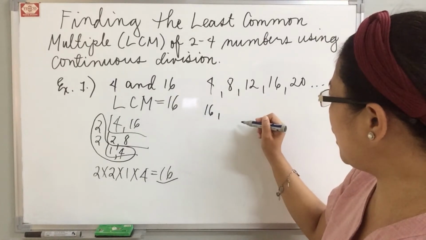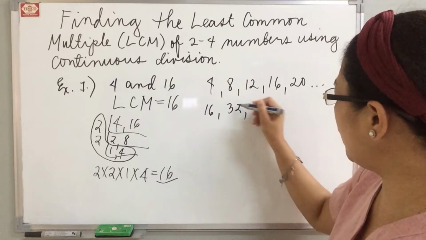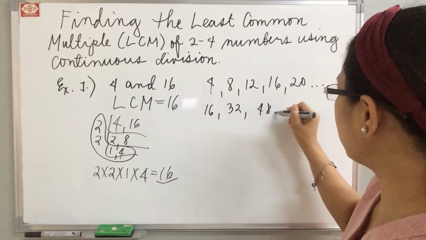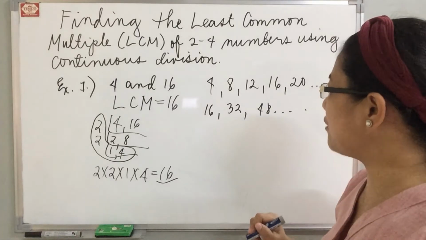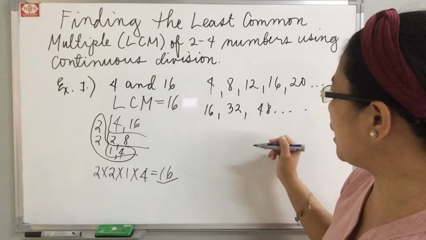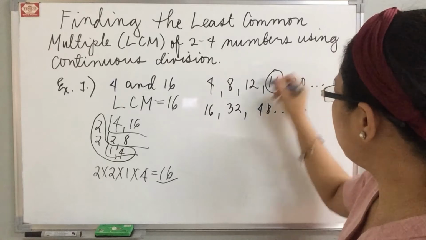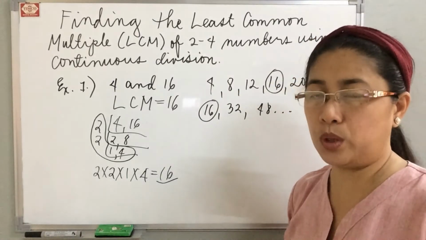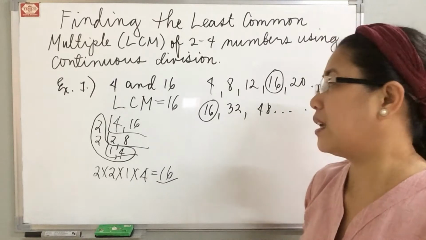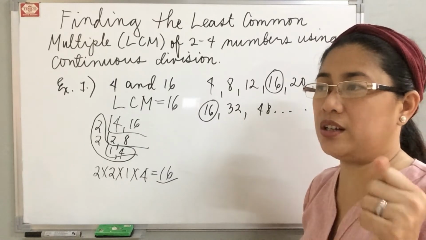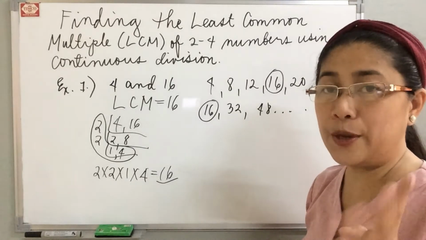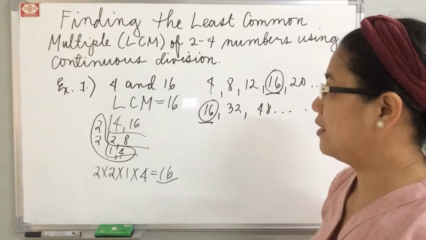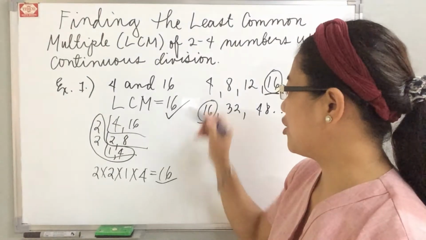After 16, we have 32, and after 32, we have 48, and so on. Now, do we have common multiples here? Yes, we have 16. Since we are looking for the least common multiple, when you say least, it is the smallest or the lowest number that they have in common. So we already have 16. That is why this is checked.